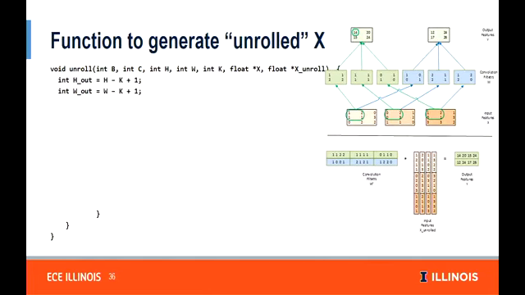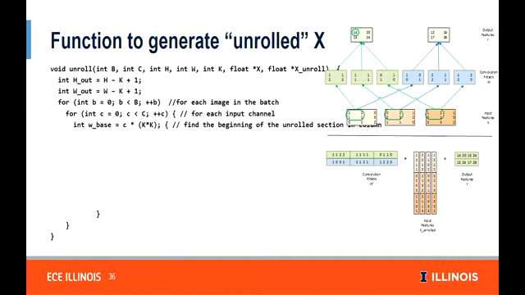So this is how you're going to collect the unrolled matrix elements from the input feature map. If I were going to write sequential code, this is how it's going to look. I can generate unrolled X by iterating through all the images in the batch, for each image, for each channel in the input image, and for that channel, I'm going to calculate the height index for the beginning of that section, so that's C times K. Then I'm going to iterate through all the P's and Q's in that little convolution kernel.